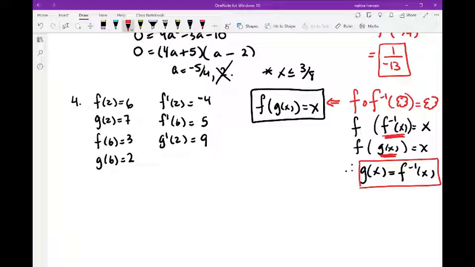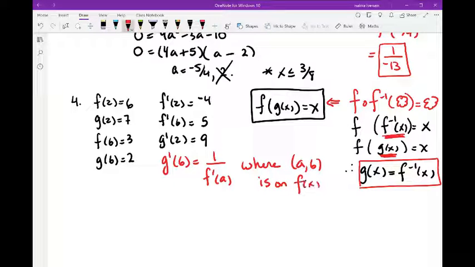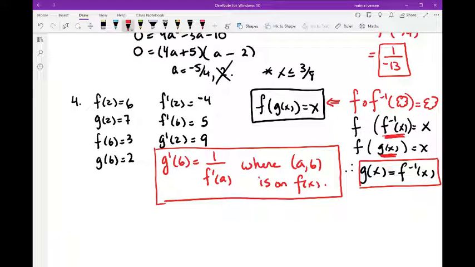So what does the question say? We want to find g prime of 6. And g prime of 6 is going to be 1 over f prime of a, where a comma 6 is on f of x. That's the sentence that you really want to figure out every time you're doing these inverse things. They're inverses of each other, f and g.